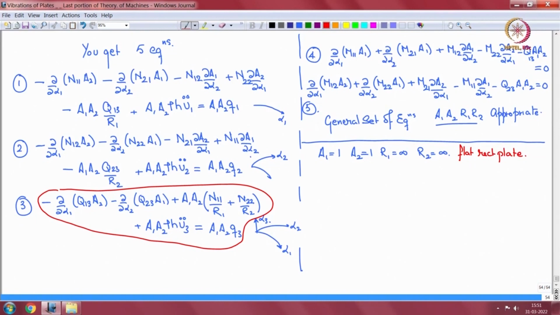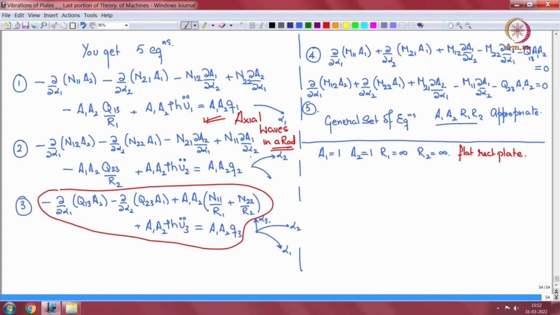Okay. And this one will look like an equation for axial waves in a rod, or longitudinal waves in a rod.